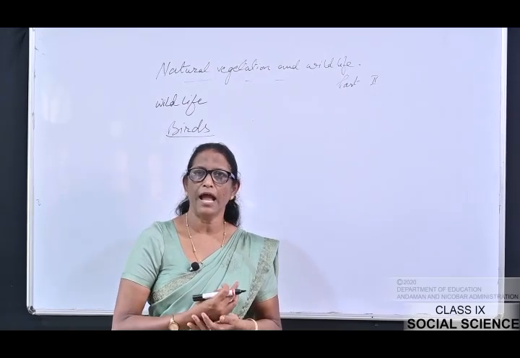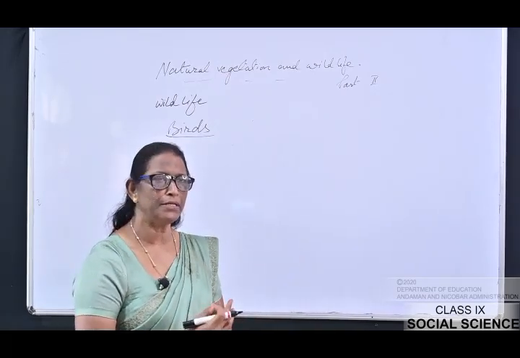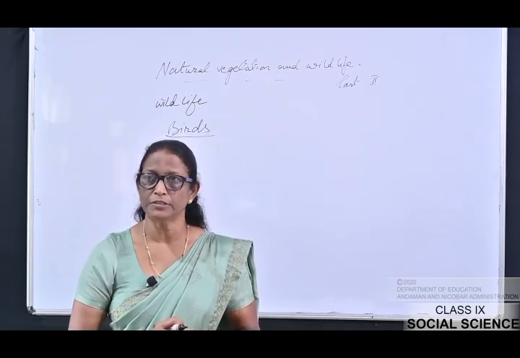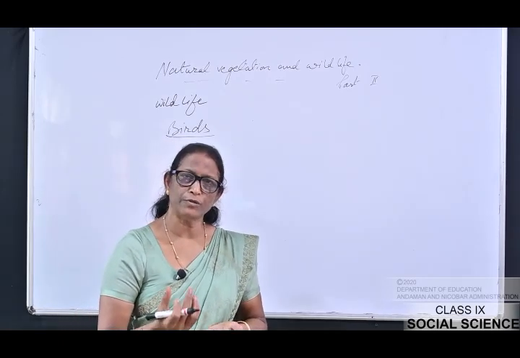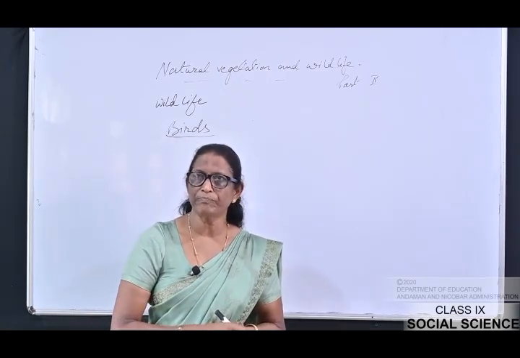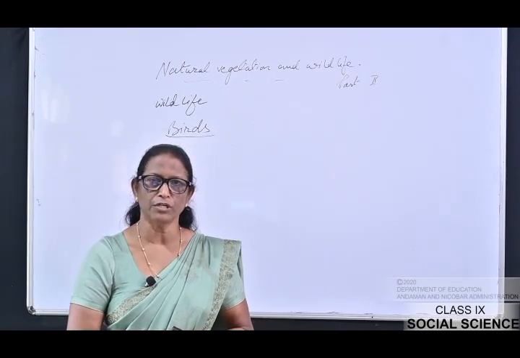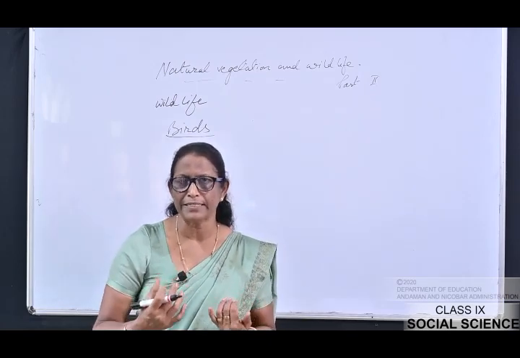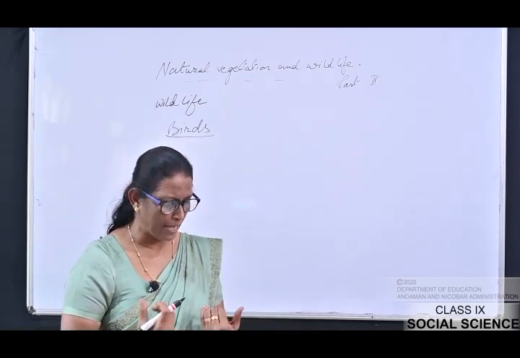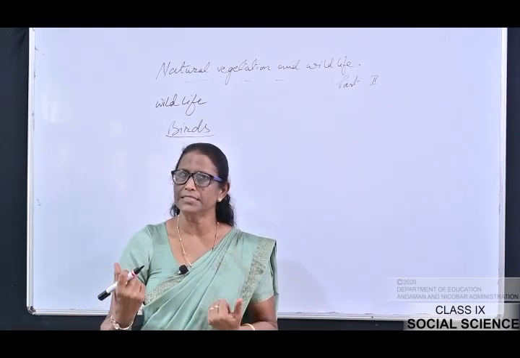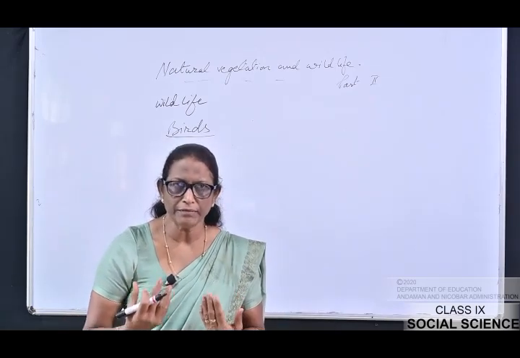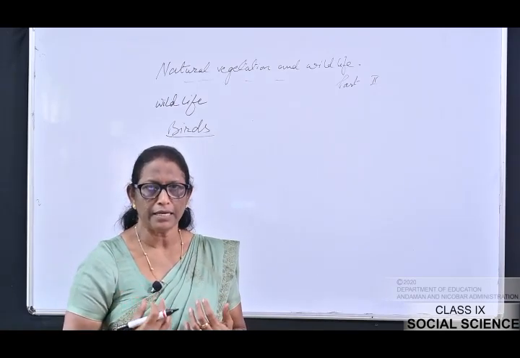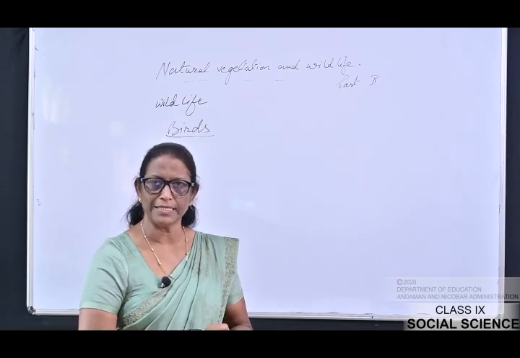And in this way animals, some animals we use for milk, some for power, some are used for draught power, some for transportation also. So in this way, the environment provided various kinds of things, wildlife and the birds, everything we use, and as we use them, they are going extinct.